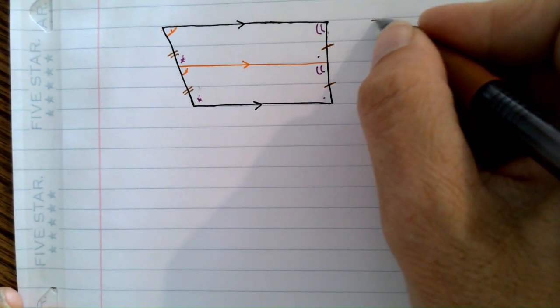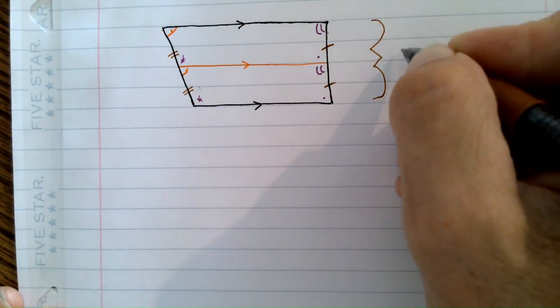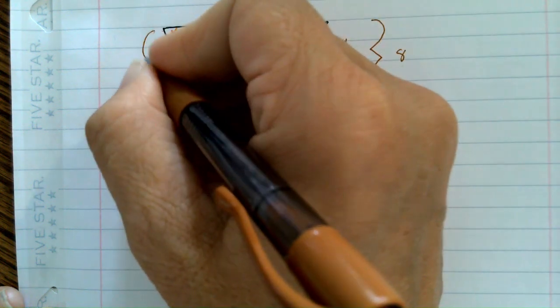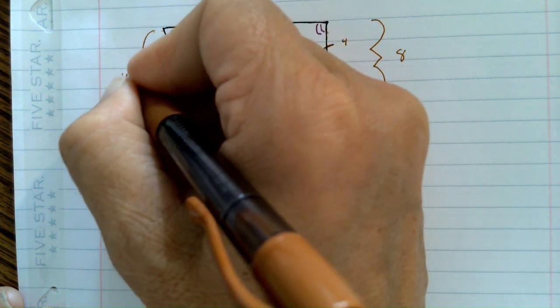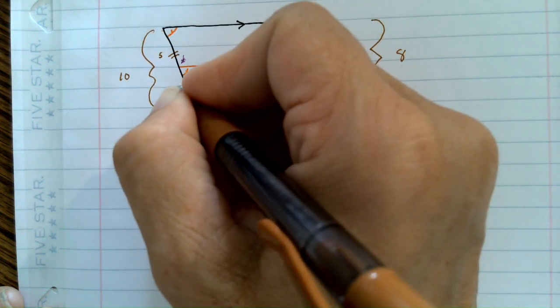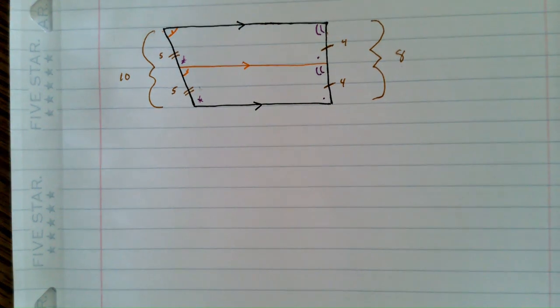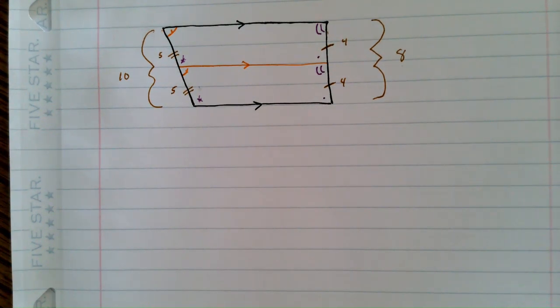So let's say this entire side had a height of 8. These would each be 4. And at this side, see how it's slanted a little bit more? Maybe it had a length of 10, so these would each be 5. Okay? So that's something that's kind of big to know, is that whenever it's parallel to both sides, if it bisects one side, it bisects the other side. It's called a mid-segment.